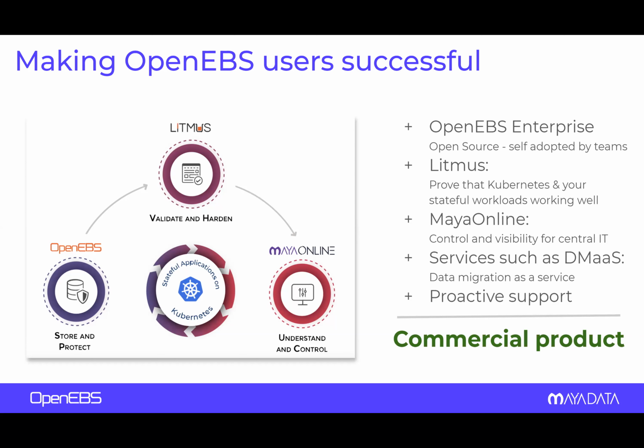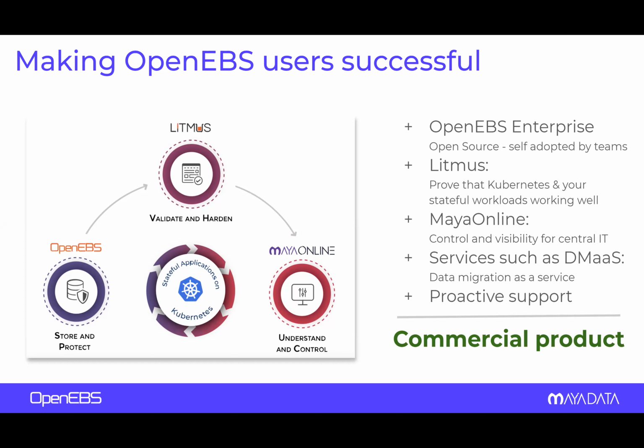And more importantly, you also have another project called Litmus that we also started, which helps you validate and harden. It's a chaos engineering tool for Kubernetes that helps you prove to your enterprise architects, as an example, that Kubernetes is solid enough for stateful applications to be deployed in production at scale.